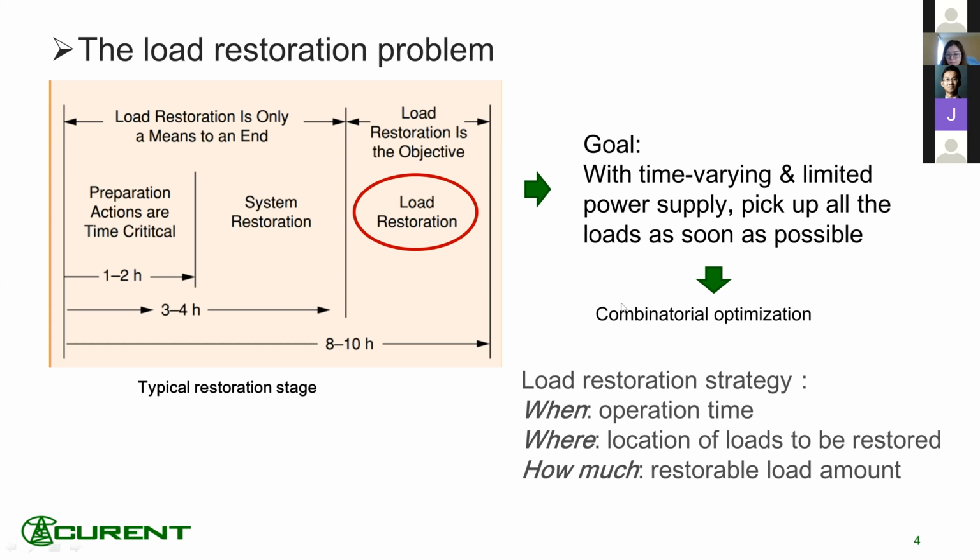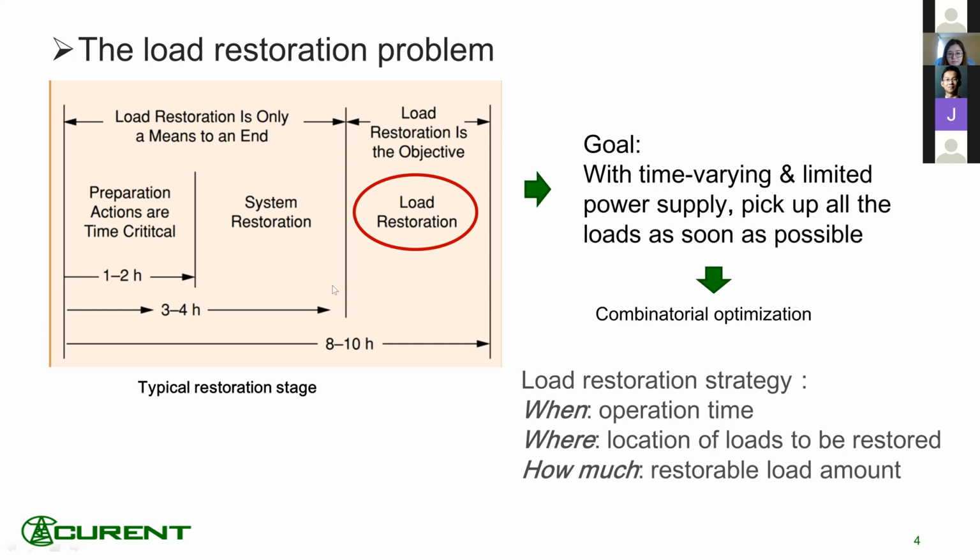So in the step-by-step load restoration process, we may want to obtain a strategy which will help us to solve the problem of when, where, and how much. This means if we get the strategy, we can give some guidance about when we can bring back the loads, which part of the loads we can pick up, and also how much is the restorable load amount.